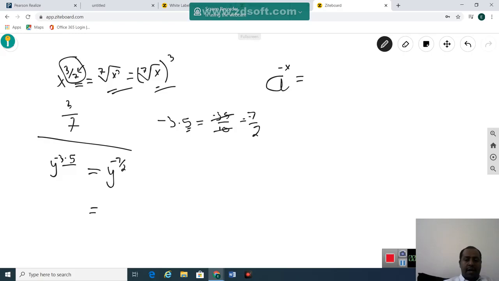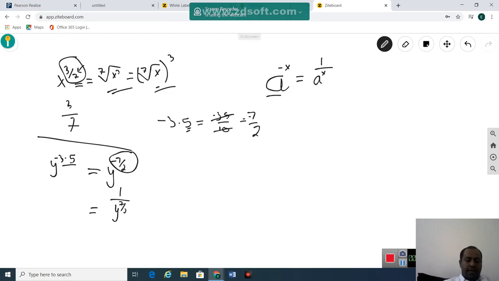For example, a to the power of negative x is equal to 1 over a raised to x. Therefore, when we change this negative rational exponent to positive, I have to take the reciprocal, which is 1 over y to the power of 7 over 2.